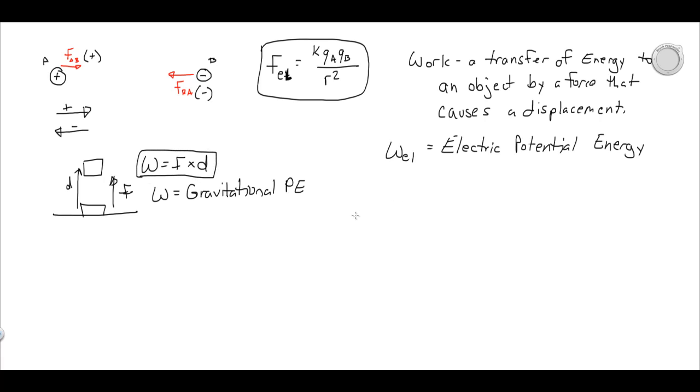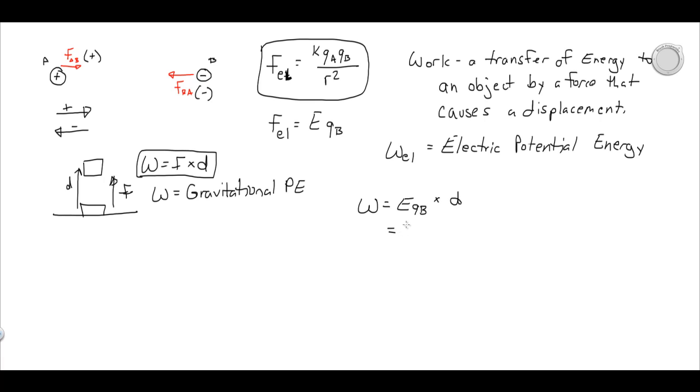Our force in an electric field is given by the equation we said before, but we also had a simplified version where the force in the electric field was the electric field strength, E, times the charge. In this case, let's say that charge A is stationary and charge B is allowed to move. Then the force is the electric field, E, times the charge B, and then we multiply that by the distance.